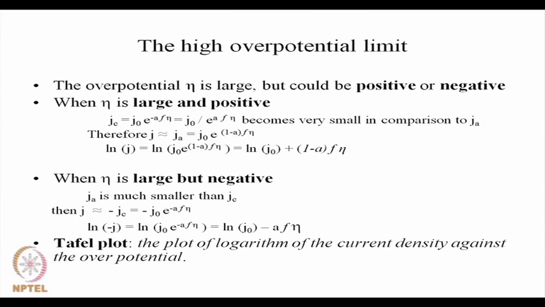When it is low overpotential, you get a linear relationship between j and eta, but when it is high overpotential, it is no longer a linear situation.